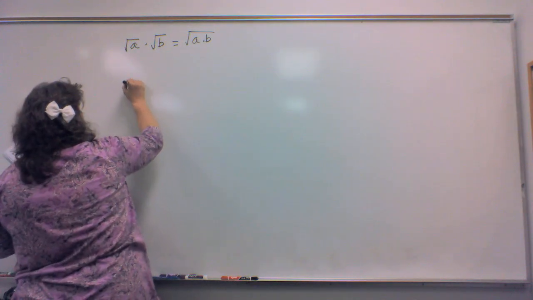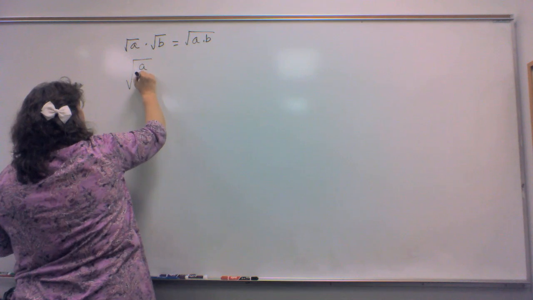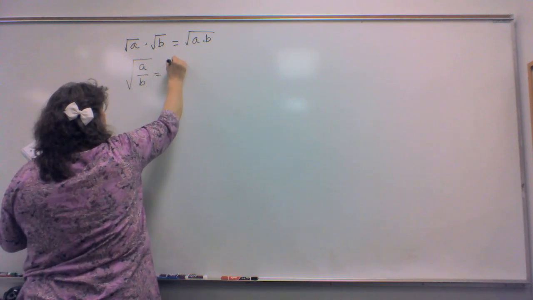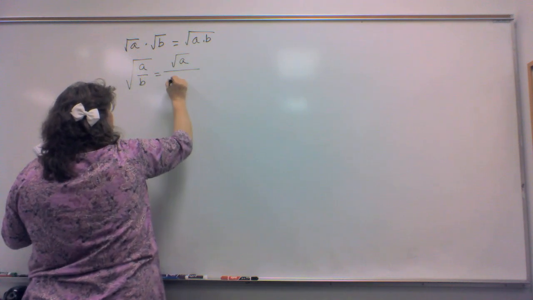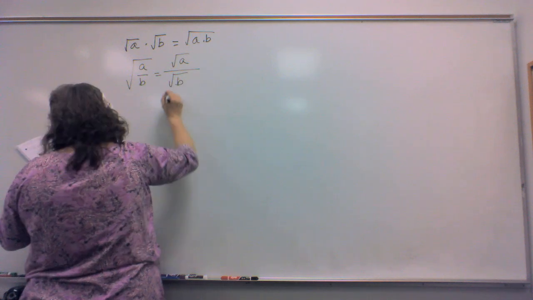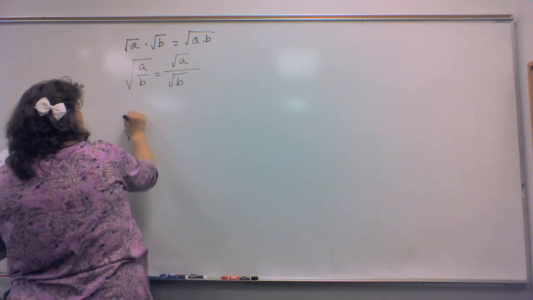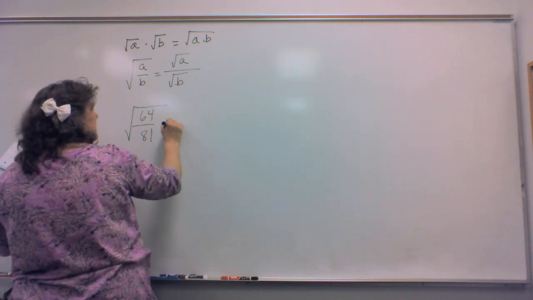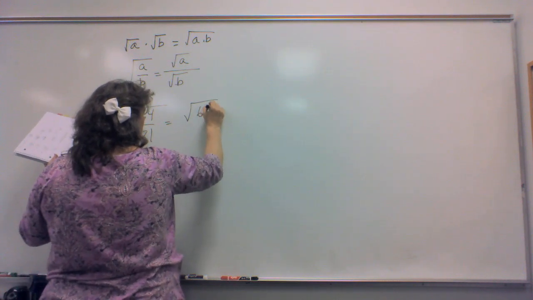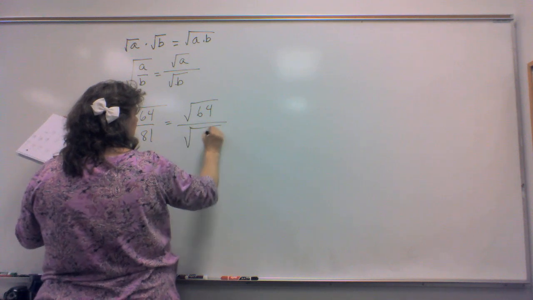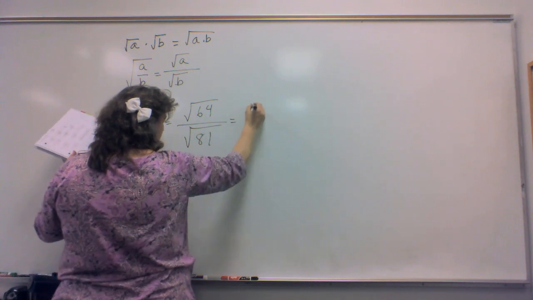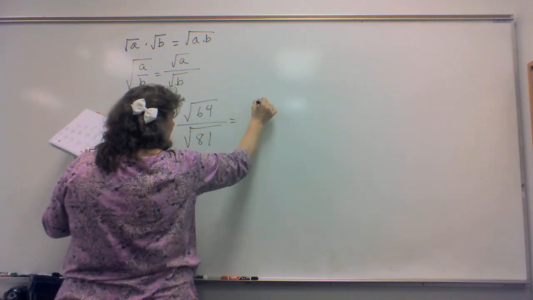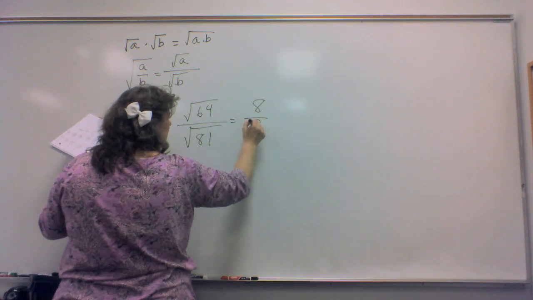The square root of a over b is equal to the square root of a divided by the square root of b. So let's look. The square root of 64 over 81 is equal to the square root of 64 over the square root of 81. The square root of 64 is 8. The square root of 81 is 9.